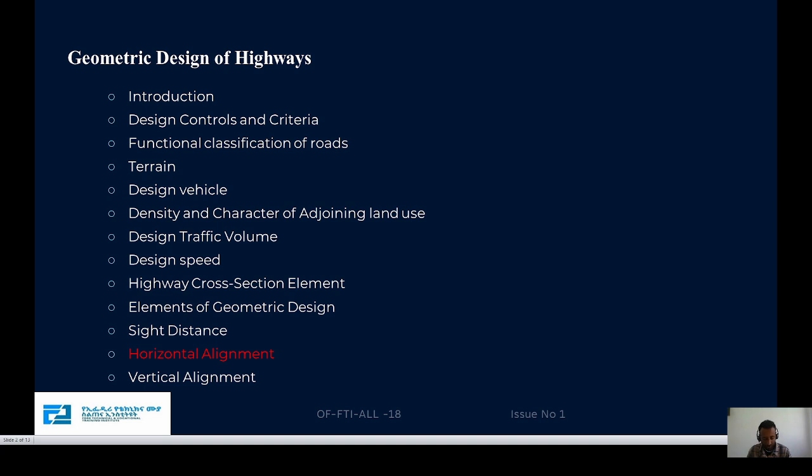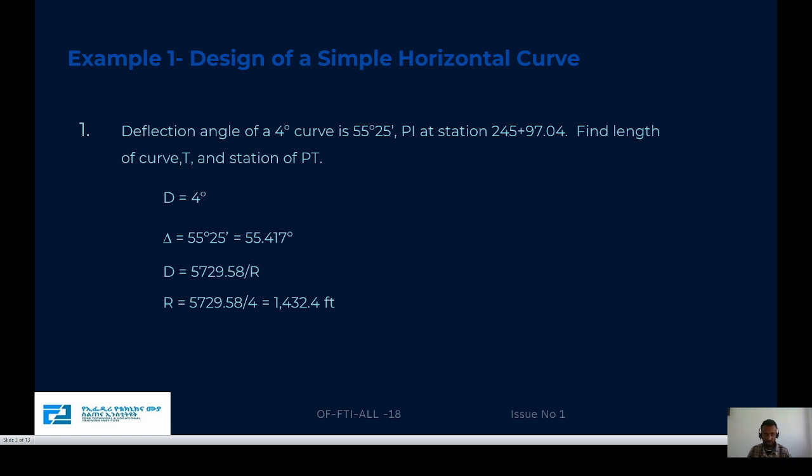A reverse curve is two curves joined together in opposite directions. We also dealt with the design elements of horizontal alignment, for example the tangent, a straight line, and also the curves and the transition curves, and superelevation and friction, which were discussed in the previous videos. Now we will deal with horizontal alignment curve examples.